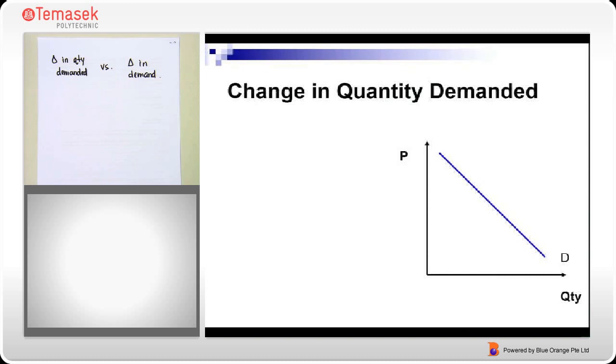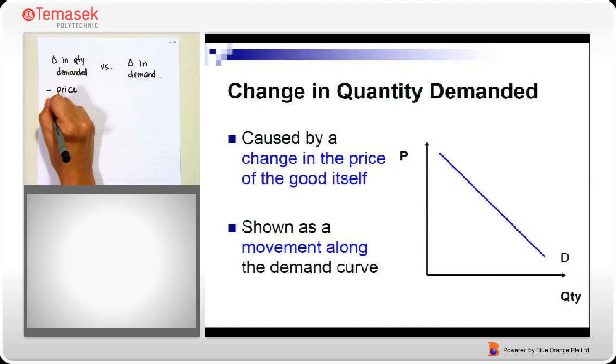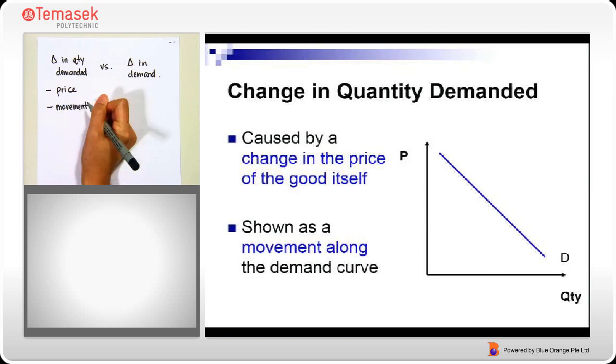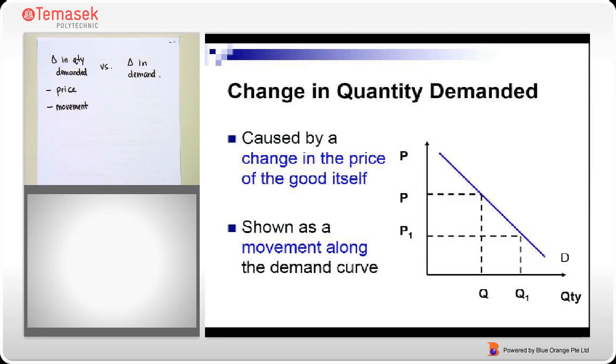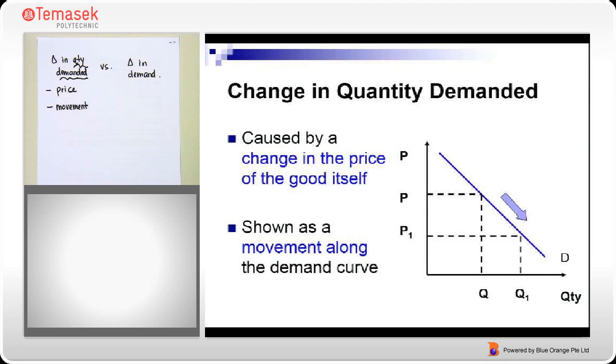So change in quantity demanded is caused by price, and it results in a movement along the demand curve. So this is shown by a movement, and the term we use here is quantity demanded.